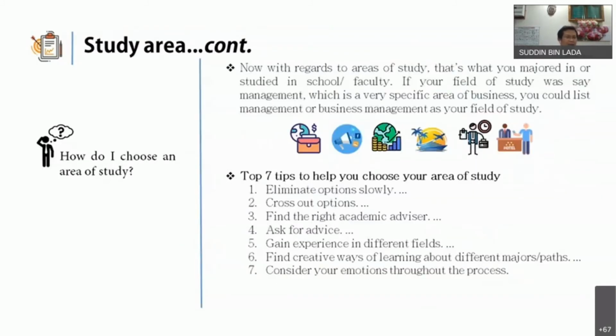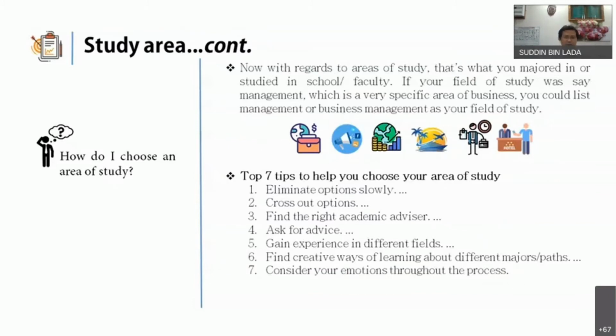Another thing: this is something I copied from one website, just to share with you how to choose the area of study.